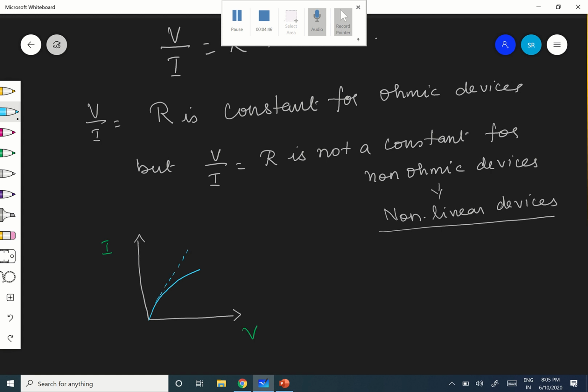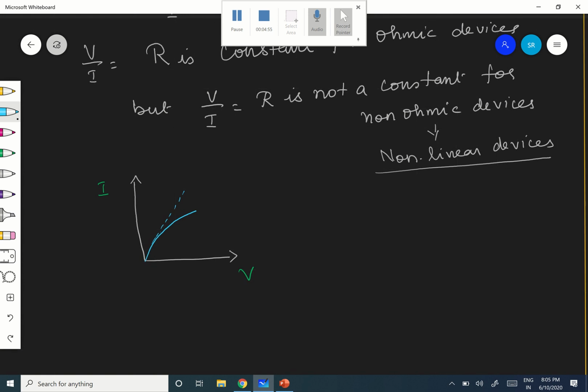Therefore, in that case, it is definitely a non-ohmic device. This is case A.